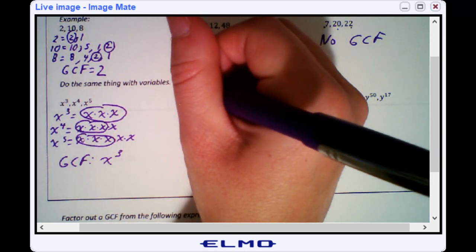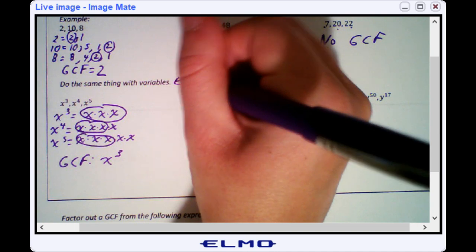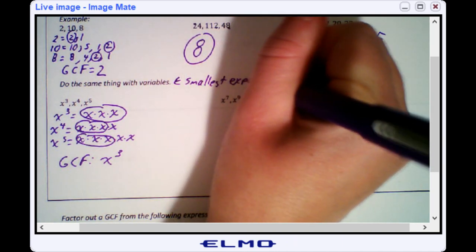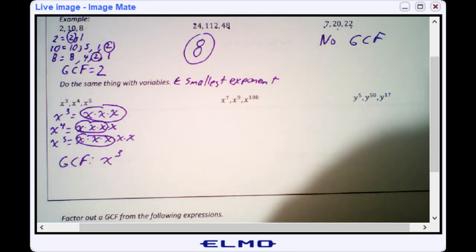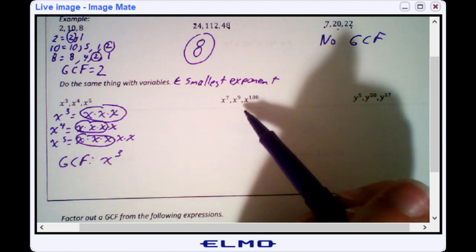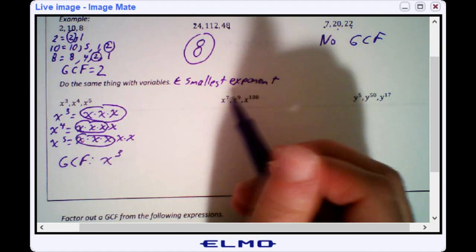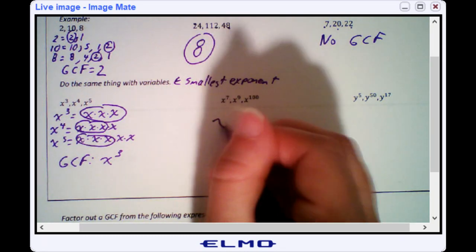So when we're doing variables, we're looking for variables with the smallest exponent. If I look here, it's x to the 7th, x to the 9th, x to the 100th. They're all x's. The smallest exponent is 7, so my GCF would be x to the 7th.